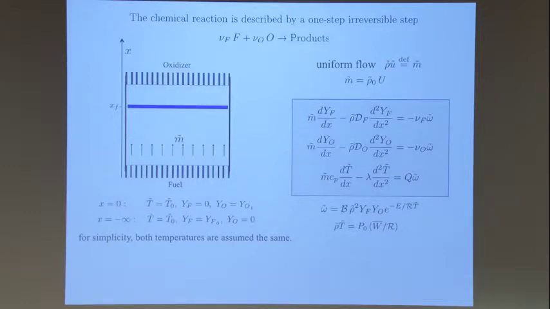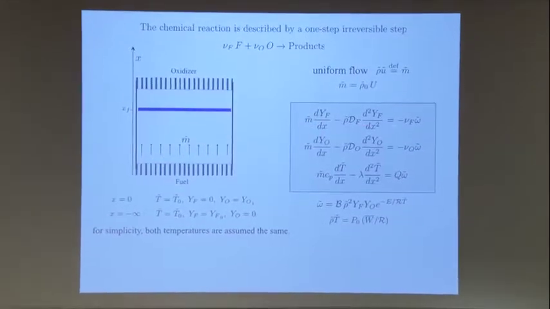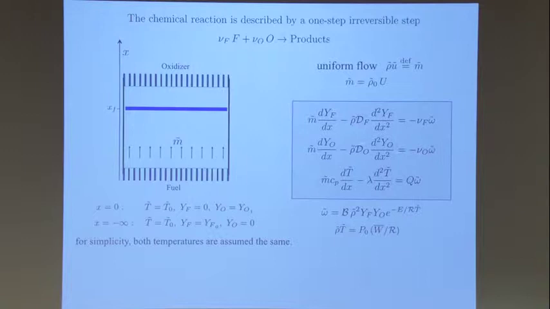Okay, so mathematically we are faced with the following equation. The species equation for the fuel, species equation for the oxidizer, the energy equation. The reaction rate is typically of this form. We have assumed here reaction order 1 and 1 for the fuel and oxidizer, so overall reaction order 2.